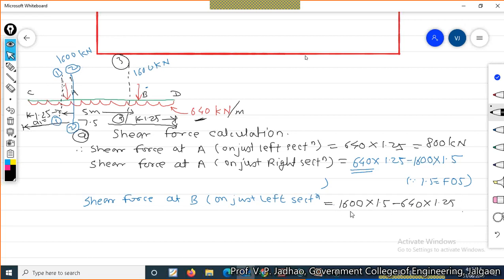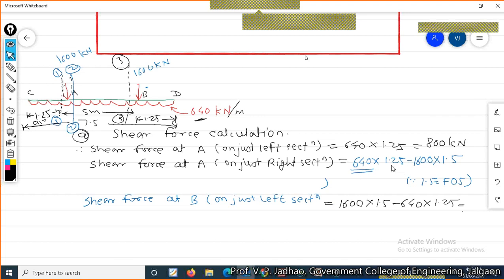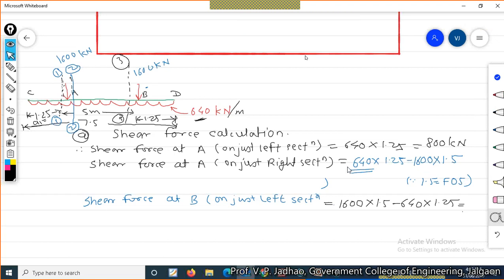So how much will this shear force be? Sorry, we haven't calculated the value here yet. Just a minute.